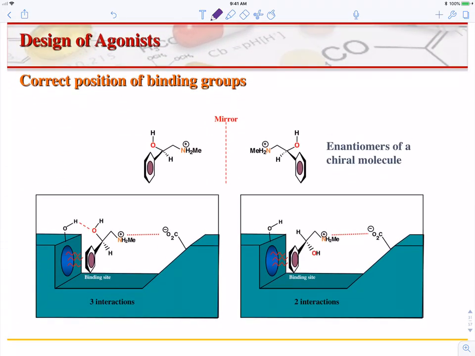Here we see that in our hypothetical neurotransmitter, only one enantiomer binds in a way that leads to an induced change of conformation of the receptor, because it contains three interactions. When we exchange the chirality and take the other enantiomer, only two of the interactions are possible. The third one, the highly specific hydrogen bonding interaction, is not possible.